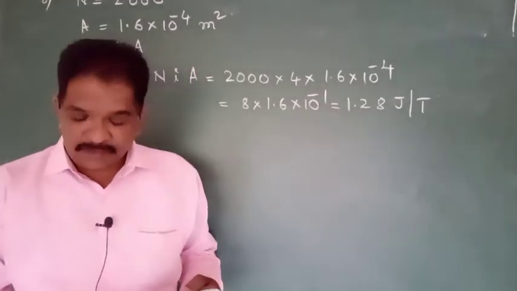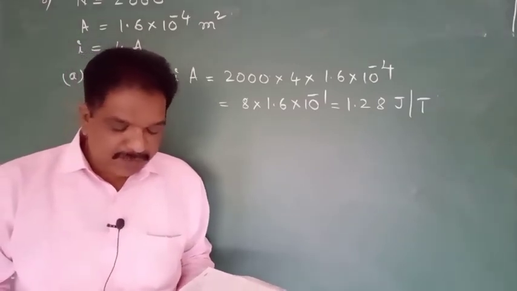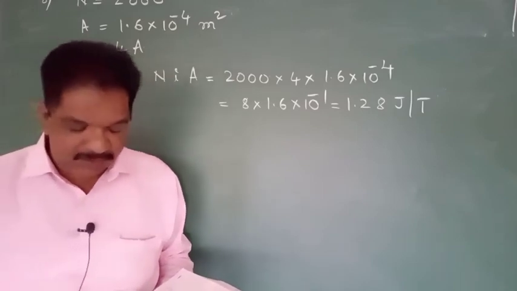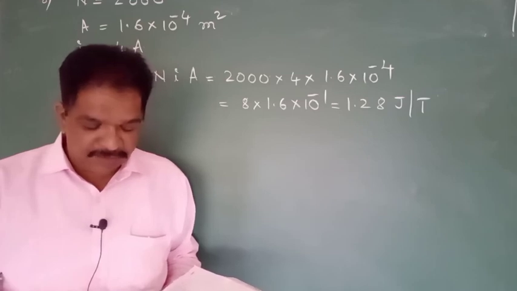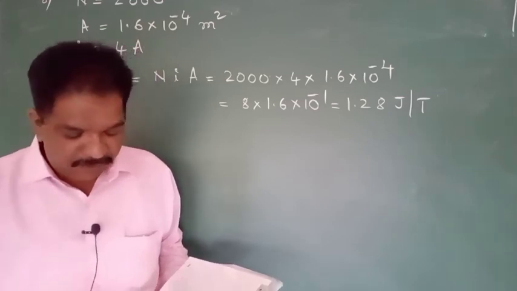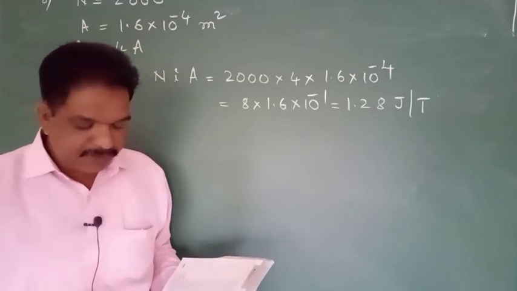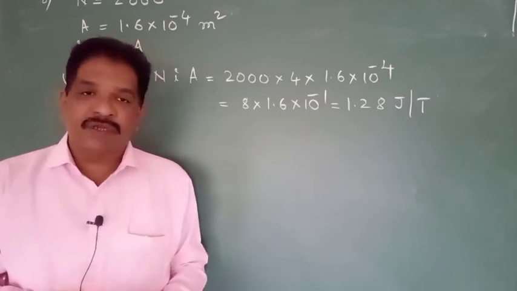Okay. Now another question they are asking is, what is the force and torque on the solenoid if a uniform horizontal magnetic field of 7.5 into 10 power minus 2 Tesla is set up at an angle of 30 degrees with the axis of the solenoid?